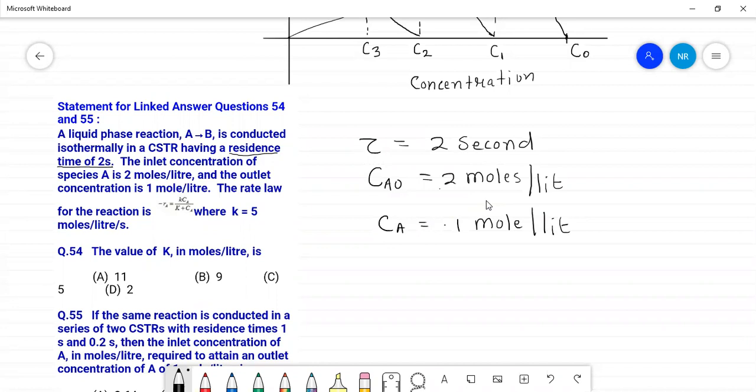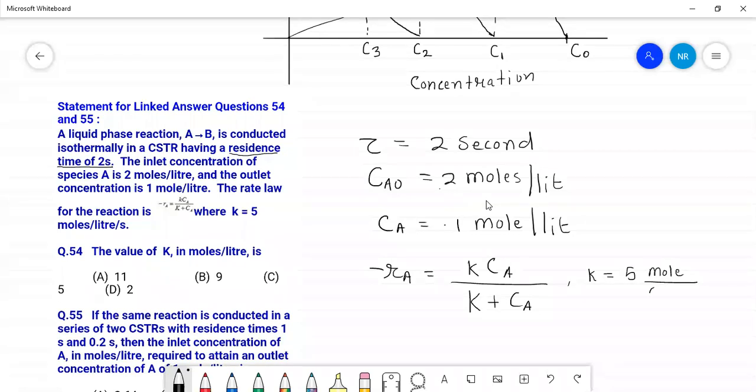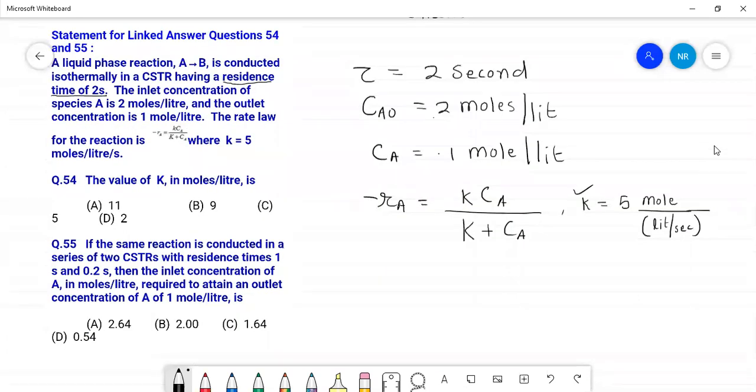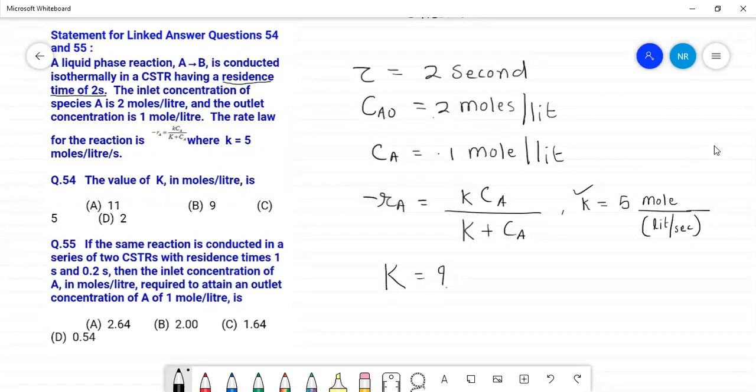The rate law is minus Ra equal to small k multiplied by Ca divided by capital K plus Ca, where small k is pi mole per liter per second. The first thing they ask is to calculate capital K in mole per liter.